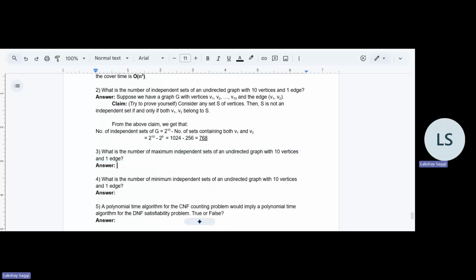So maybe I should just write it. A maximum independent set is an independent set of maximum cardinality.